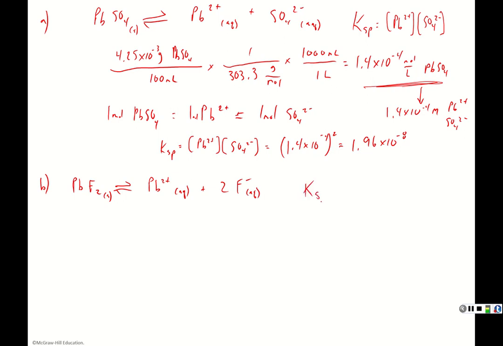So our KSP now is going to be Pb2+ times F- squared. And we're given our concentration as 0.64 grams per 1 liter.